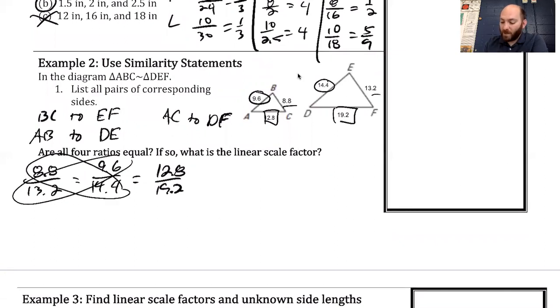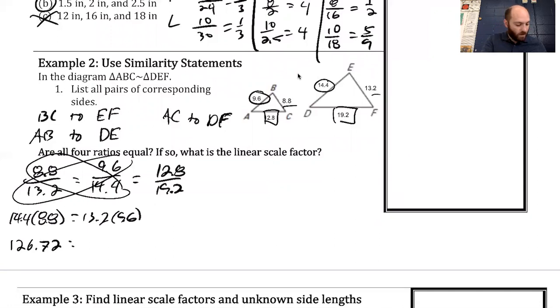So I've got 14.4 times 8.8 and 13.2 times 9.6. 14.4 times 8.8 is 126.72. 13.2 times 9.6, same thing, 126.72.